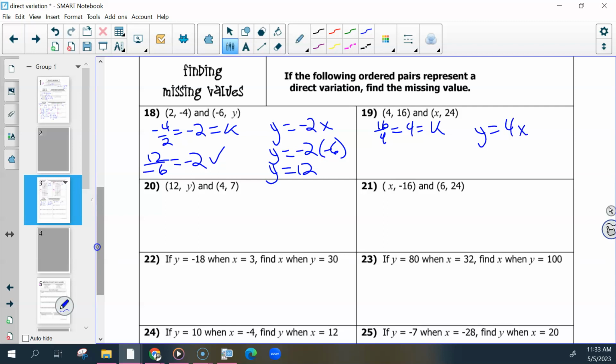Then you can put in your y value and solve for x. What is x? So again, if I double check this, 24 divided by 6 is 4.